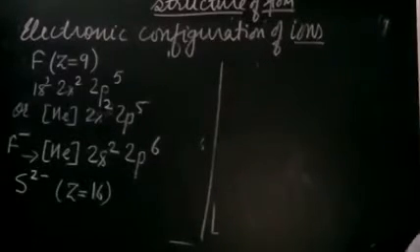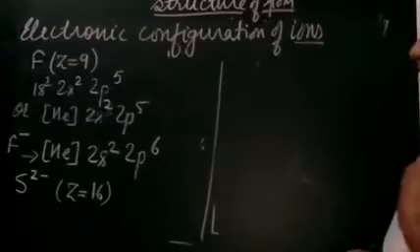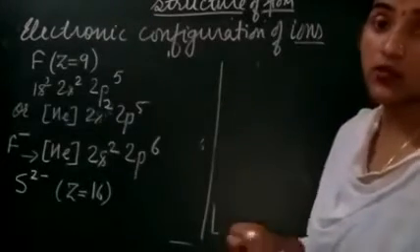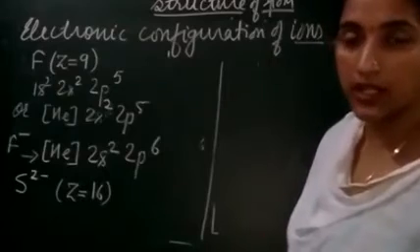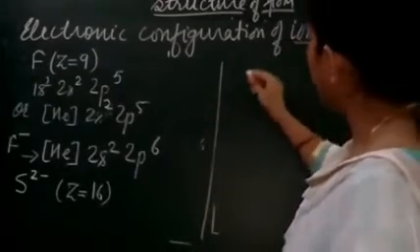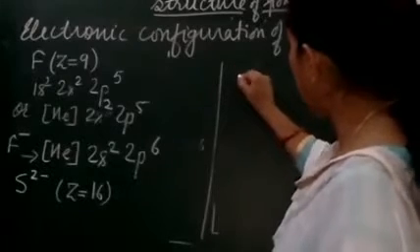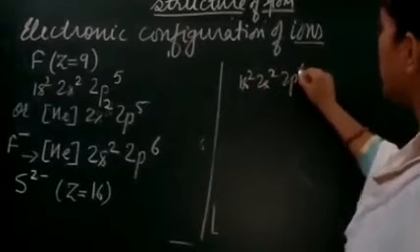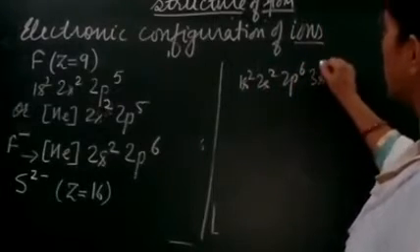Now we know that the atomic number of sulfur is 16, right? So students, don't do it this way, 16 plus 2 is 18, and then fill up the configuration. You will first write down the configuration for sulfur. It is how much? 1s2, 2s2, 2p6, 3s2.